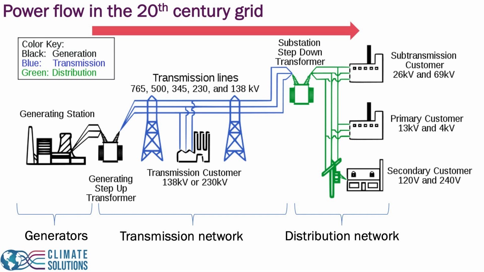Typically on the transmission system, you can have anywhere from 138,000 volts to 765,000 volts. As you go down to the distribution network, you start to see voltages ranging from 4,000 volts all the way to 69,000 volts. Finally, as this power gets to your home or commercial buildings, we're going to see 120 to 240 volts.